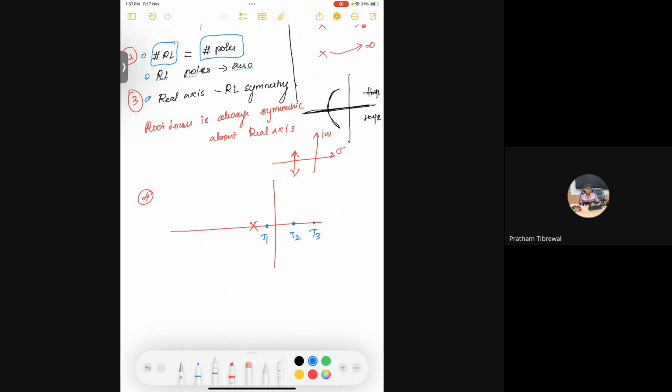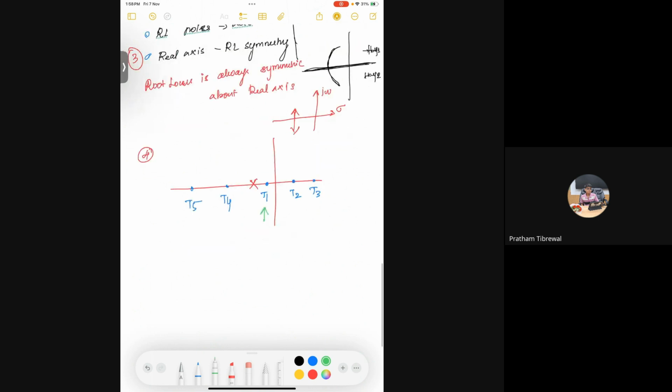I will add 2, 3 test points, T4, T5. Let me start with T1. If I look at a test point on the real axis and look to the right side of that test point, and the summation of poles and zeros is odd, then I will include this test point in my root locus trajectory.